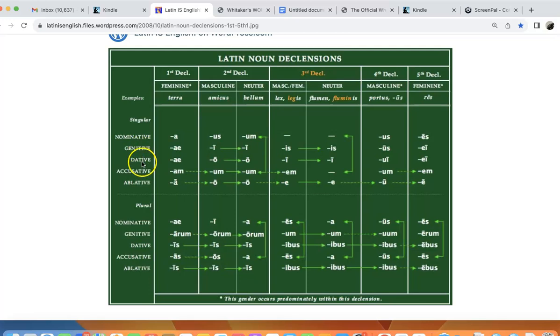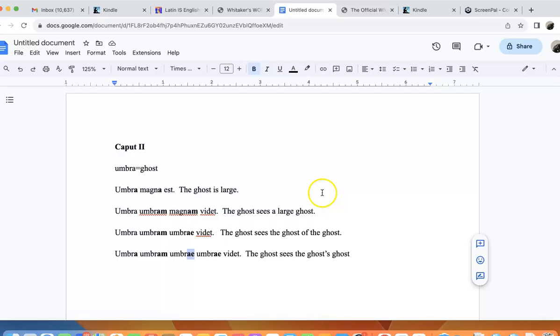So this is the possessive, this is the indirect object, and only trial and error and knowing the context is going to help you with that. So the ghost sees the ghost's for the ghost. So for the ghost is our dative. So remember, this could be to the ghost as well.